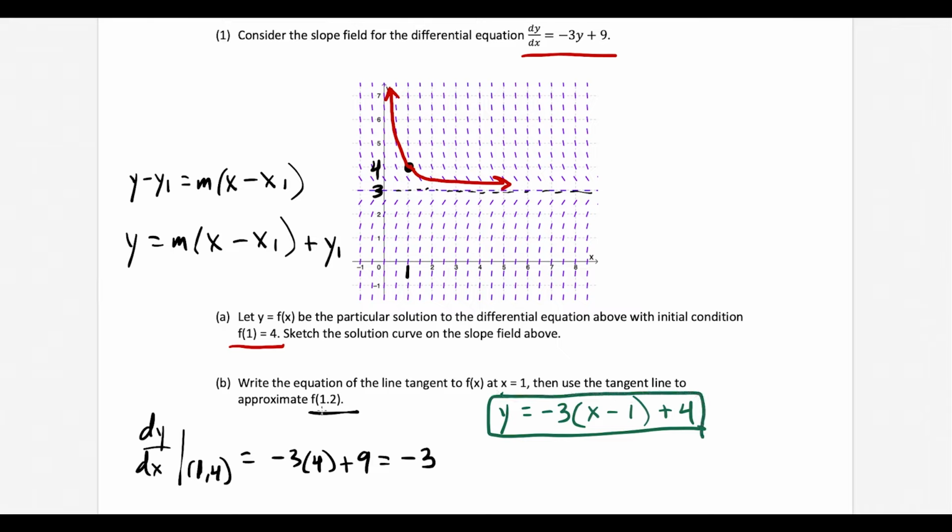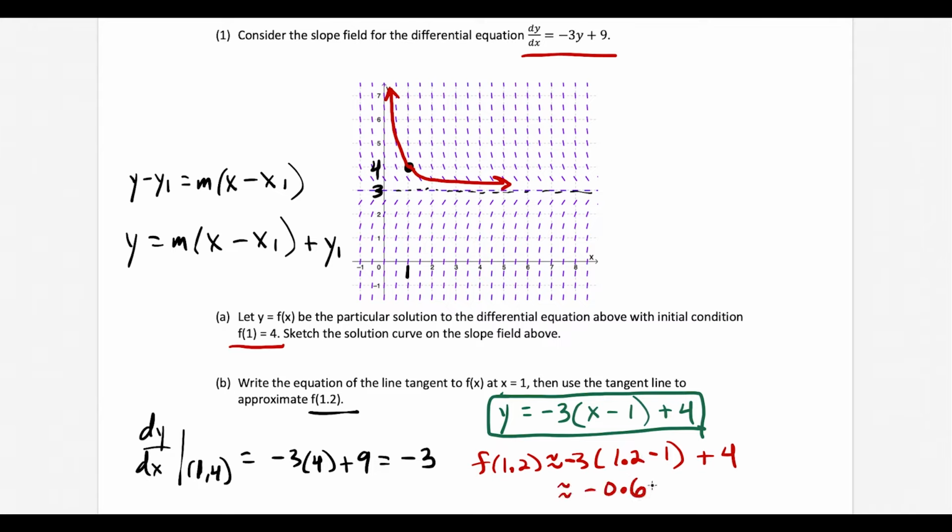Because what's helpful is for the next part here, we want to find what is f of 1.2. So for this stage of the question, when we want f of 1.2, we're going to say this is approximately equal to negative 3 times 1.2 minus 1. So now we're just replacing the x with 1.2. And then we tack on our plus 4 like this. And when we simplify this, 1.2 minus 1 is going to give us 0.2, and 0.2 times negative 3 is going to give us negative 0.6.